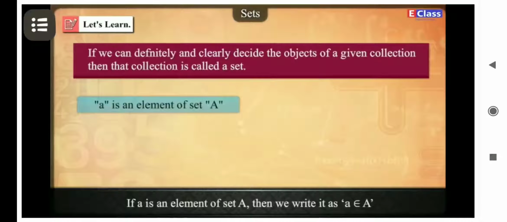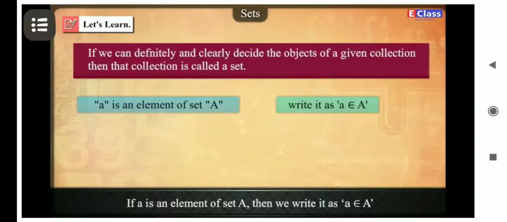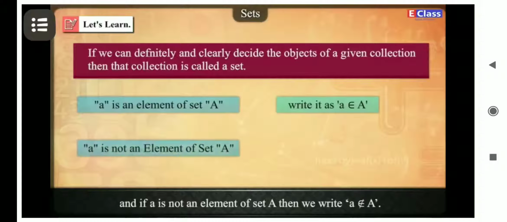If a is an element of set A, then we write it as a belongs to A. And if a is not an element of set A, then we write it as a does not belong to A.